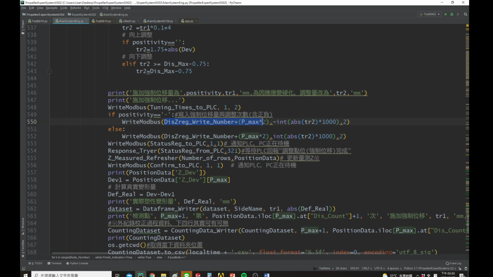We write the displacement value and the positivity at the same time. For example, it's negative, like this, or like this.